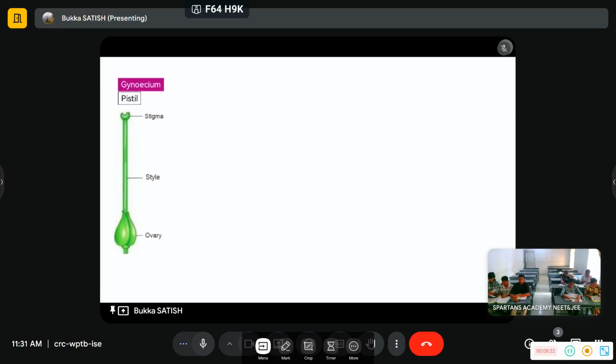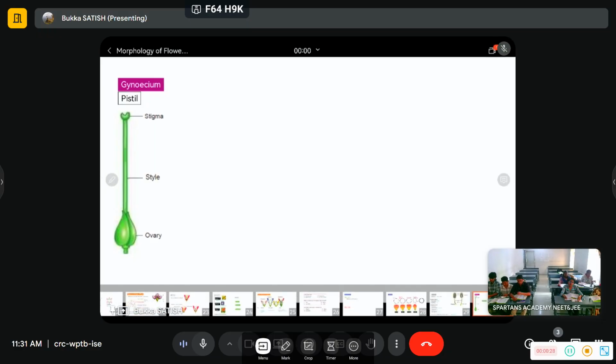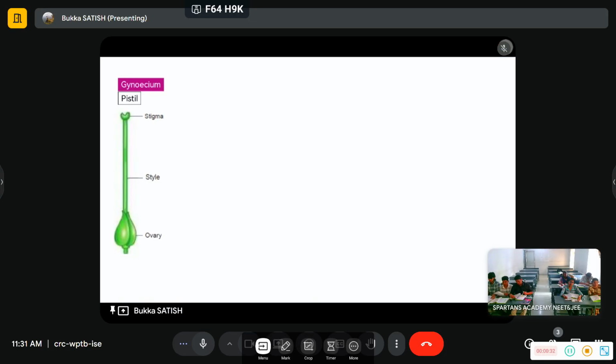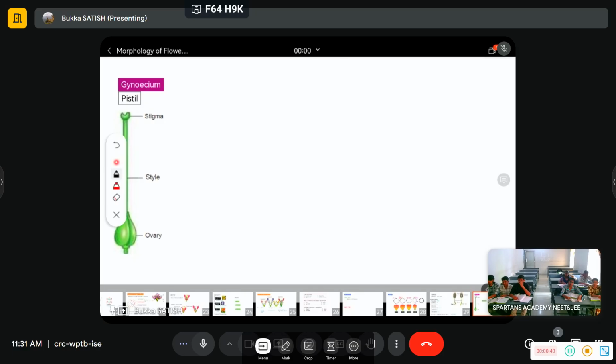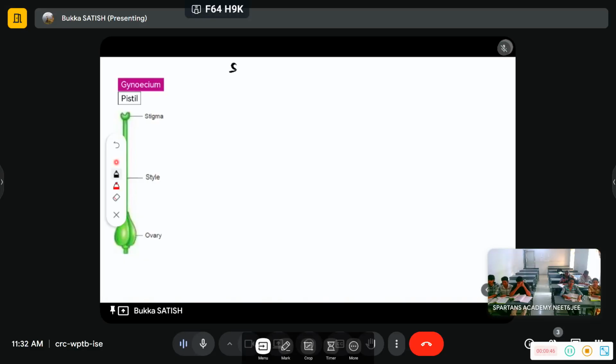So, as we have discussed till androecium, the next one, gynoecium. One more thing before proceeding further. In the discussion we had in the last class, we have seen that floral parts are modified leaves, right? So, what do you call the stamens technically?